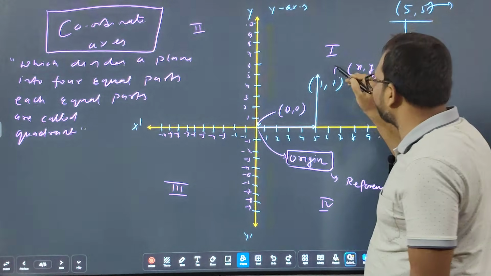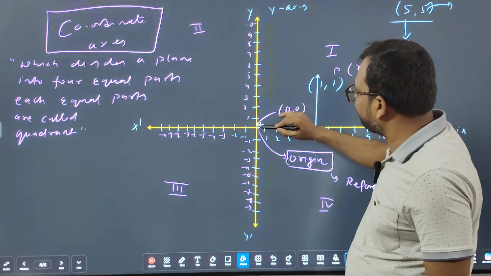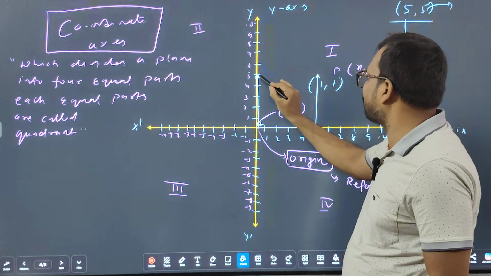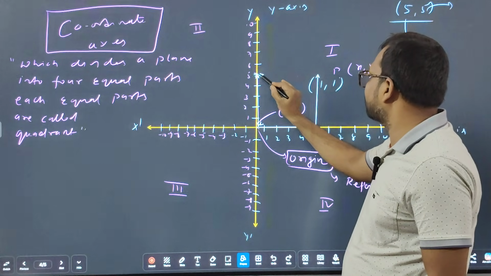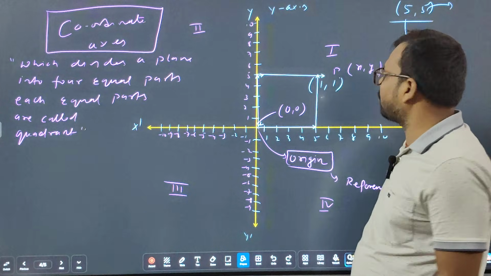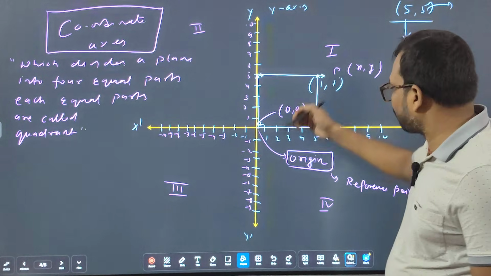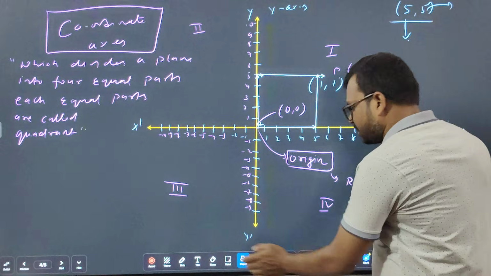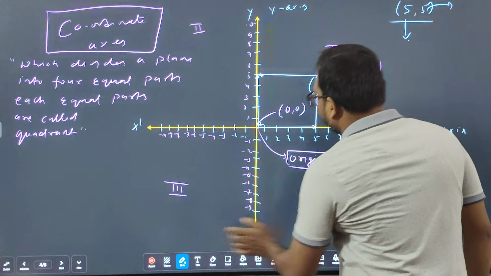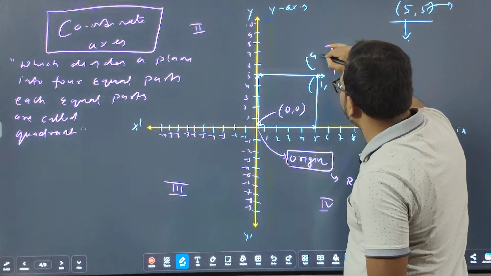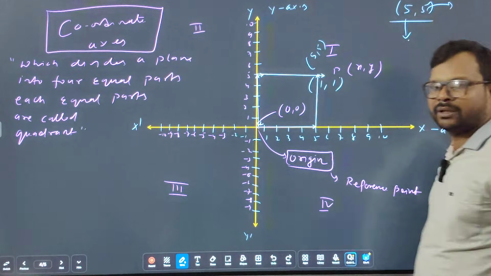In the same way we have to move 5 units on the y-axis. Now from here draw a line parallel to the x-axis. Where these lines meet, that is the location of this point, 5, 5.